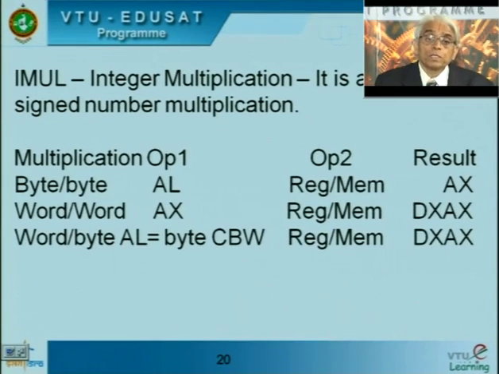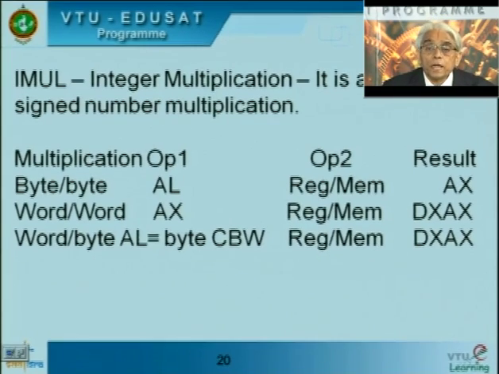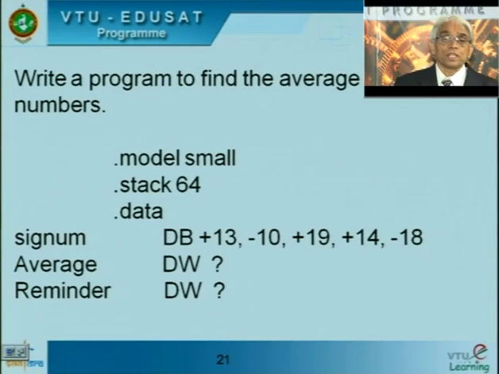Now it is possible to multiply 16-bit by 8-bit too. So that means that AL will have byte width, saying that convert byte to word operation being done, and operand 2 would be register or memory and the result you get is in DX and AX, which will be a 32-bit register.